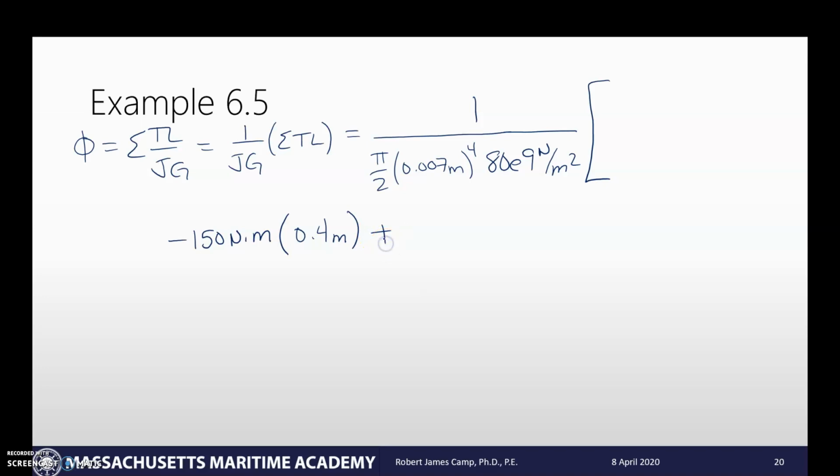And then I'm going to add my next one, which is 130 newton meters, because that's the internal torque anywhere between C and D. I will multiply that by 0.3 meters, my length from C to D. And lastly, I'm left with minus 170 newton meters, and that acts over a half a meter in distance.